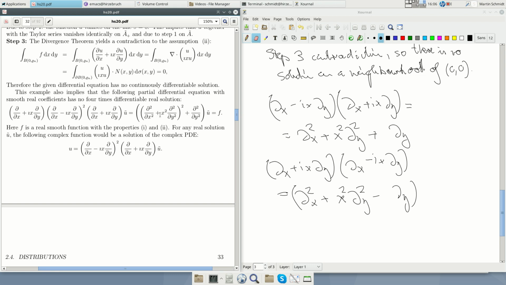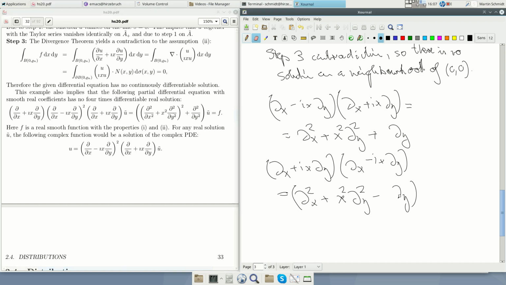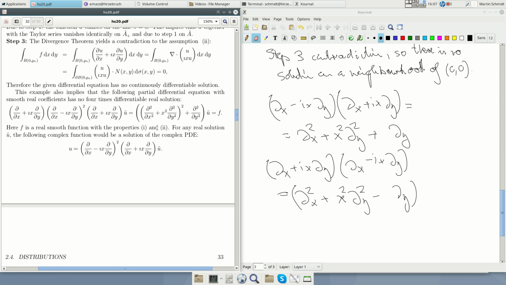If we multiply this out, we get some terms, but this we don't calculate. Here this is just the square plus this operator. And this operator commutes with the other operator, because here is only an x, and dy commutes with this operator, so we only get this. So this was the final calculation.